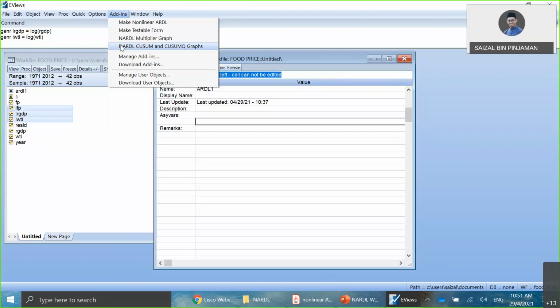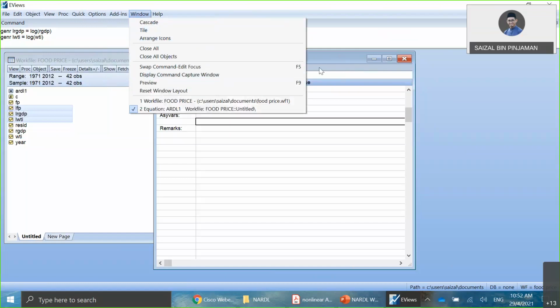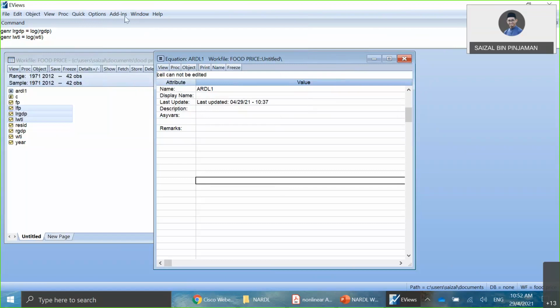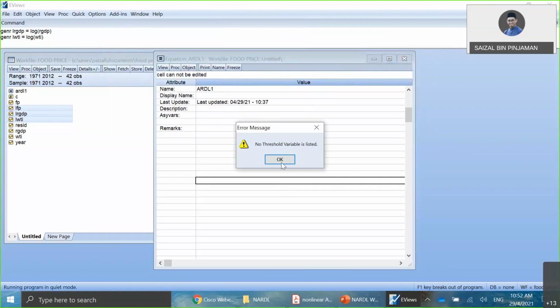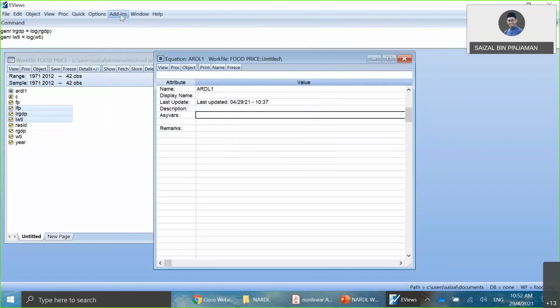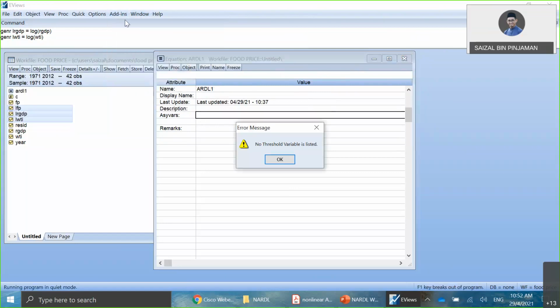As I said before, once you install the add-ins for NARDL, click add-ins again. Remember, you are still in ARDL here. Click add-ins, and then choose make nonlinear ARDL. Sometimes we have this problem, just like before.